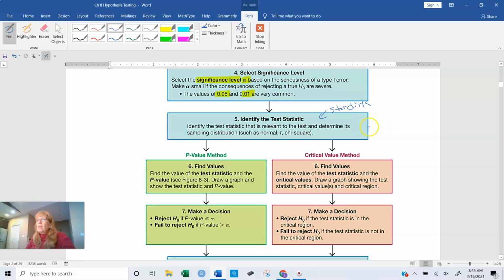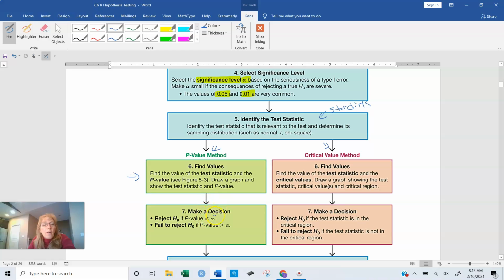Now, there are different methods to using the test statistic. We can either use the p-value, or we can use the critical value, or you can do both to check yourself, which is usually what I do. So you do the p-value, and we check to see if the p-value is less than alpha. Find the test statistic first of all.